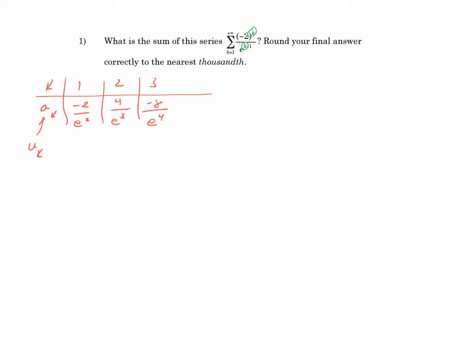So pulling out the information we need for the infinite sum of a geometric series, we have a sub 1 equals negative 2 over e squared. And as we look at each term, what was the common ratio, the multiplier, that took us from term 1 to term 2? Just a brief pause will let us see that the r value is negative 2 over e.